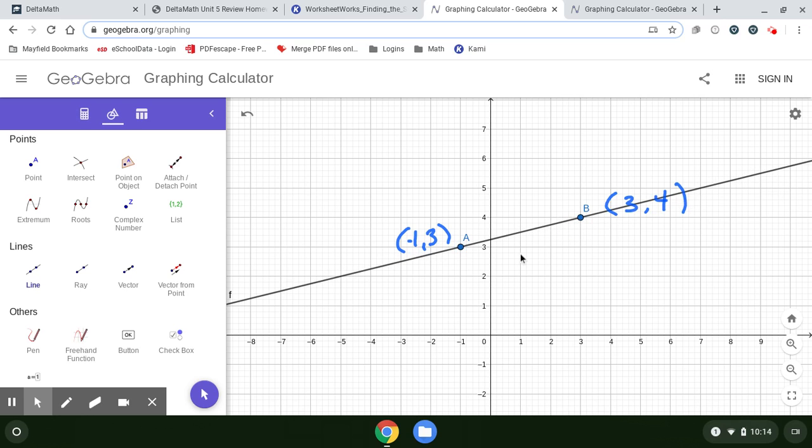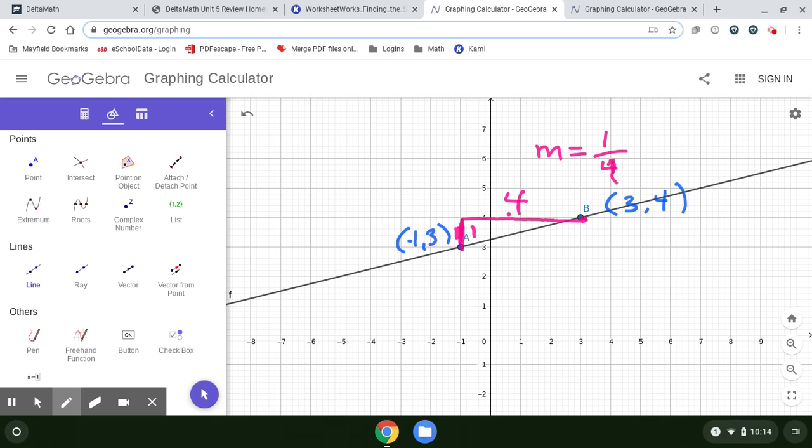Then I could find the slope of that line by drawing my triangle. I would go up, and you'll notice this is up 1, and then I would go right, and every big box is 1, so 1, 2, 3, 4, and my slope would turn out to be 1 over 4.